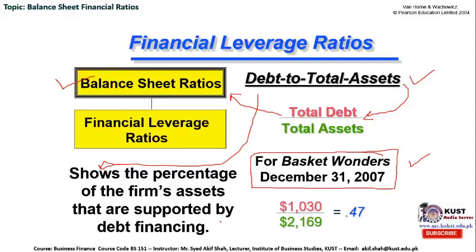Let's move back to the balance sheet and see whether we have picked this data correctly or not. Total debt in 2007 of the company is 1030, and the total assets of the company in 2007 are 2169.